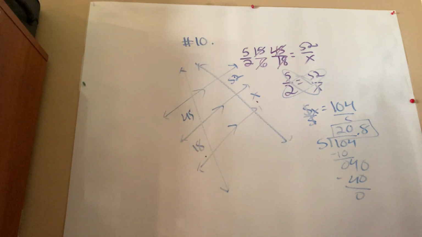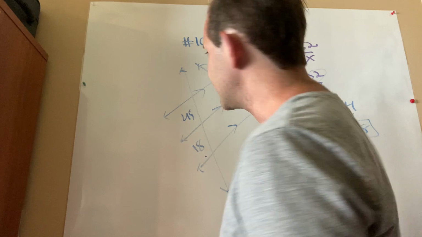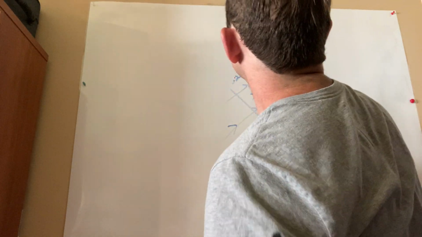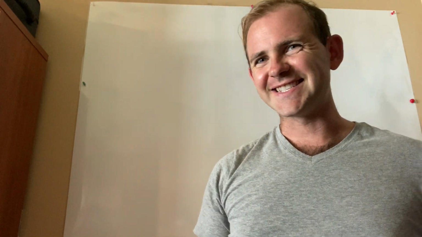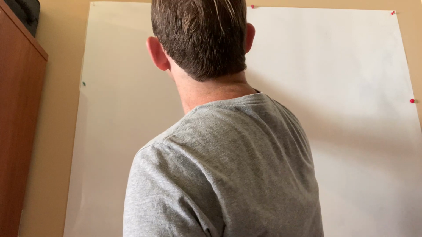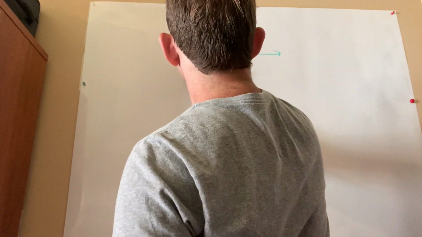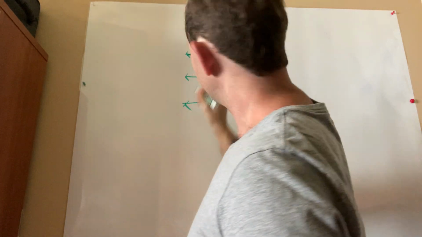Where is my eraser? There it is. And that example is going to be number 13. All right. So, let's take a look. Number 13 looks pretty similar in that they give me three parallel lines, okay?